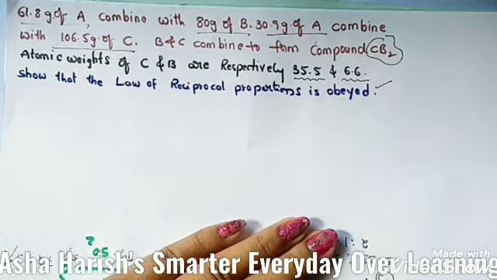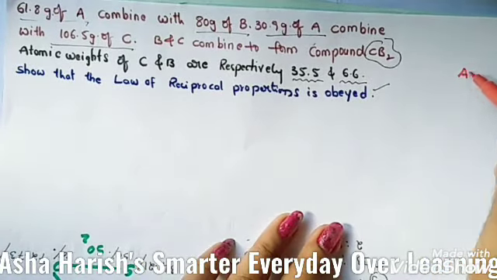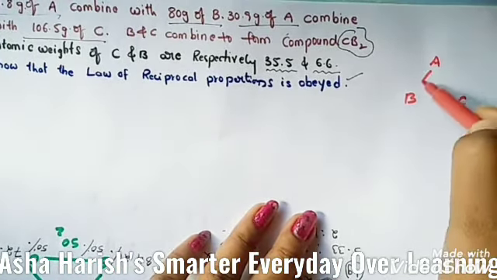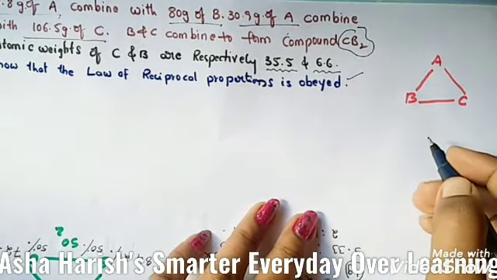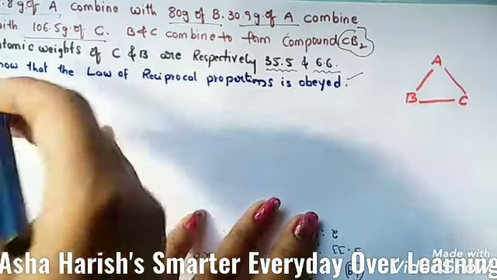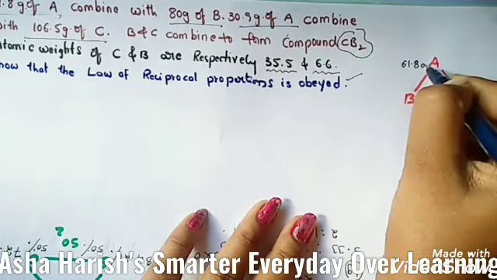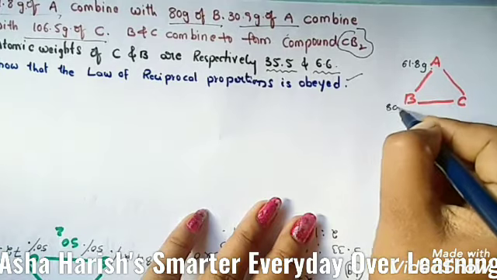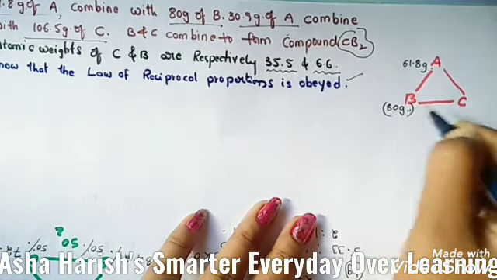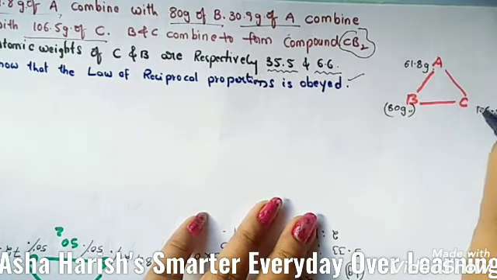In this data we should represent it in a simple diagram. Here they have given A, B, C, three elements, and the weights also they have given. Here is 61.8 grams of A and 80 grams of B. Near the B you can write 80 grams, and near the C 106.5 grams.